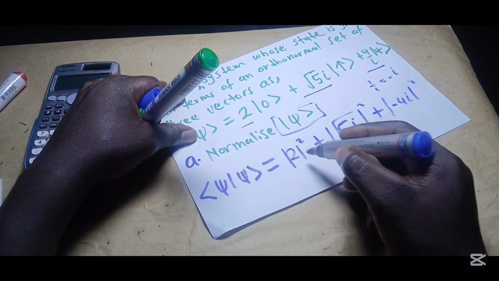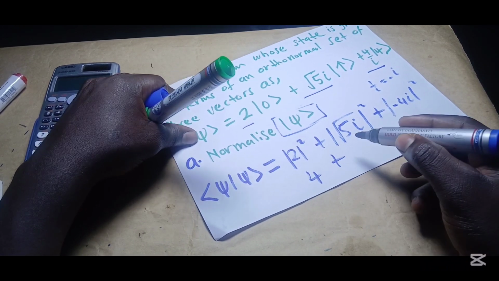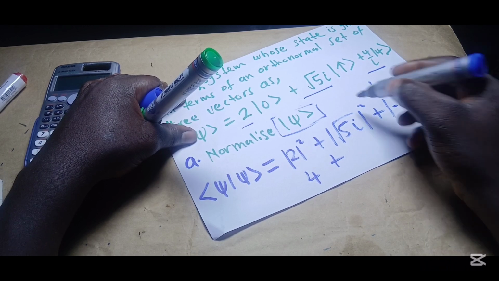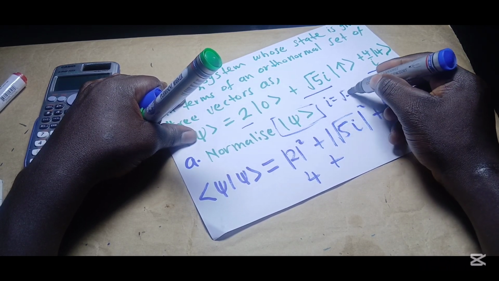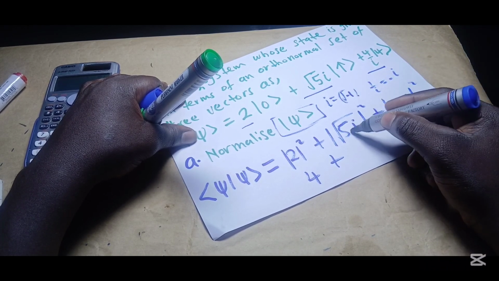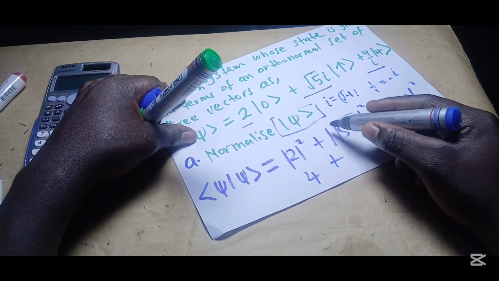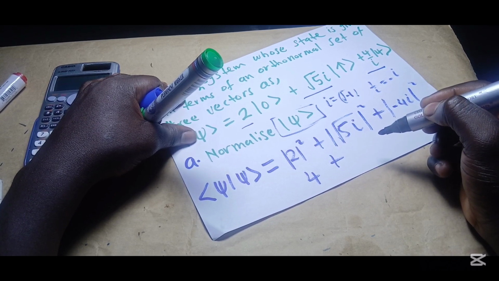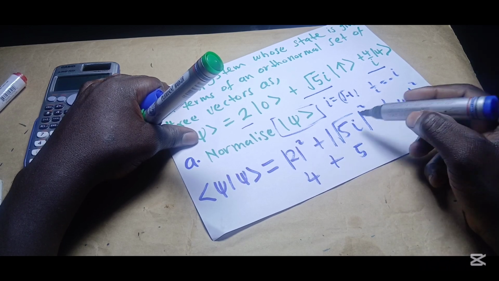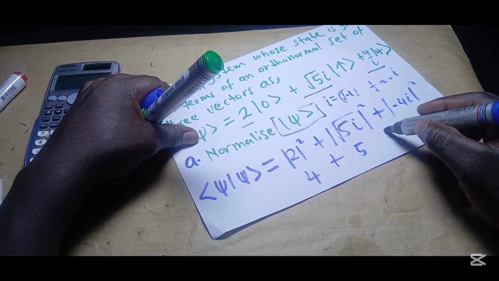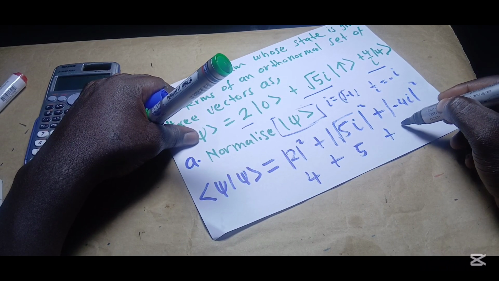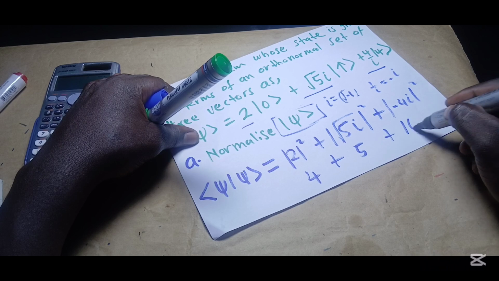Squaring 2 gives us 4, plus squaring this term: if we square i, it gives us minus 1, making this whole term minus 5, but the absolute sign will cover all of those effects, so we get 5. Plus the square of this term, which would be minus 16, but since we are dealing with absolute values, it should be 16.